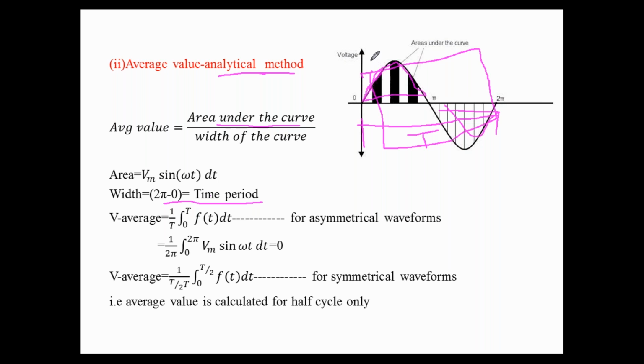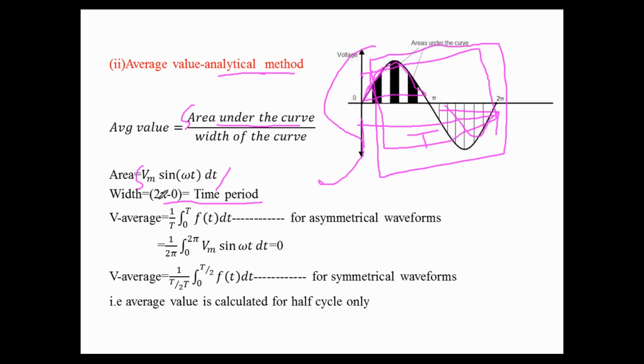Now if you want to get the total area of this portion, what to do? We have to perform the integration of this small line curve. So it is an integration of Vm sin omega t dt by the width of that curve.